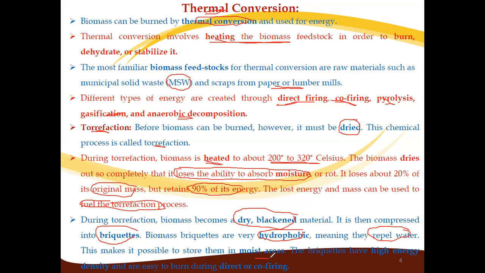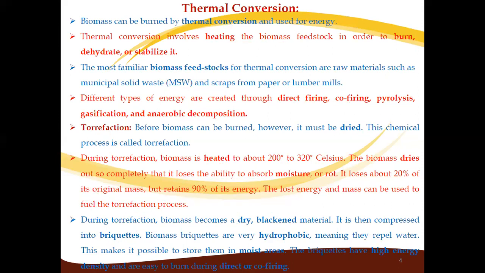If we store these briquettes in a moist area, you can store them because they will not absorb any water. Then the briquettes have very high energy and high density, and they are easy to burn by using direct firing or by using co-firing. So this is the first method of thermal conversion, that is torrefaction.